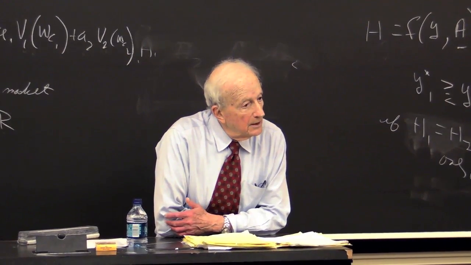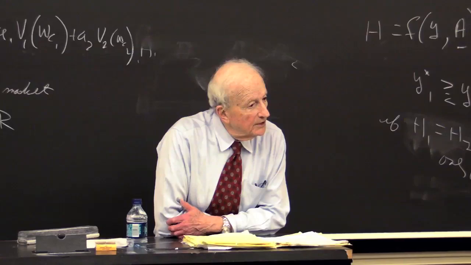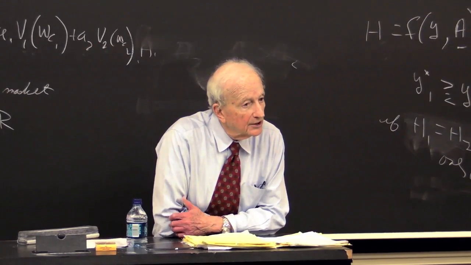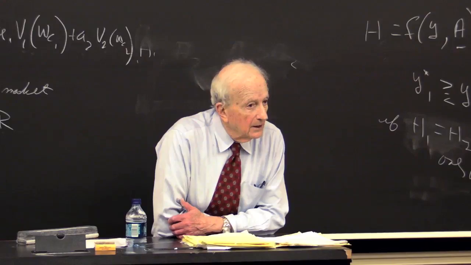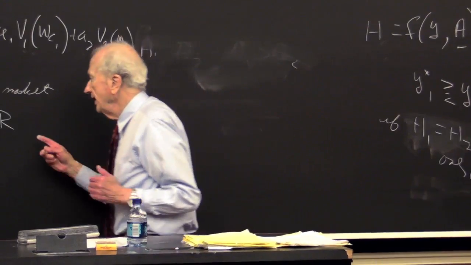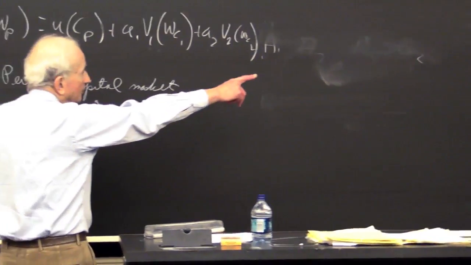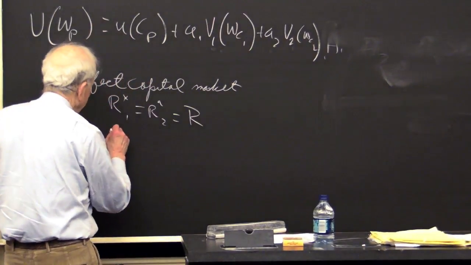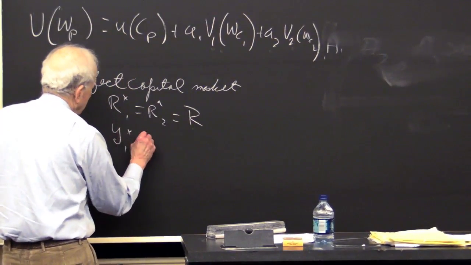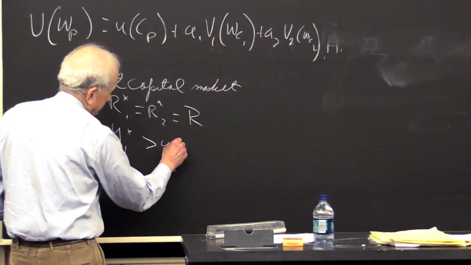Now if we equalize the marginal rates of return, if we had a perfect capital market, what would happen to the incomes? Well, this would imply, given that assumption over there that the more able kid has a higher marginal rate of return, that R1 star is greater than R2 star, right?